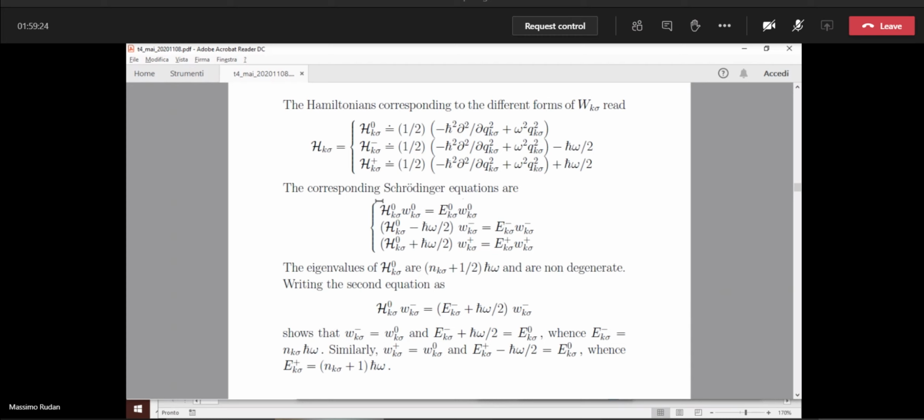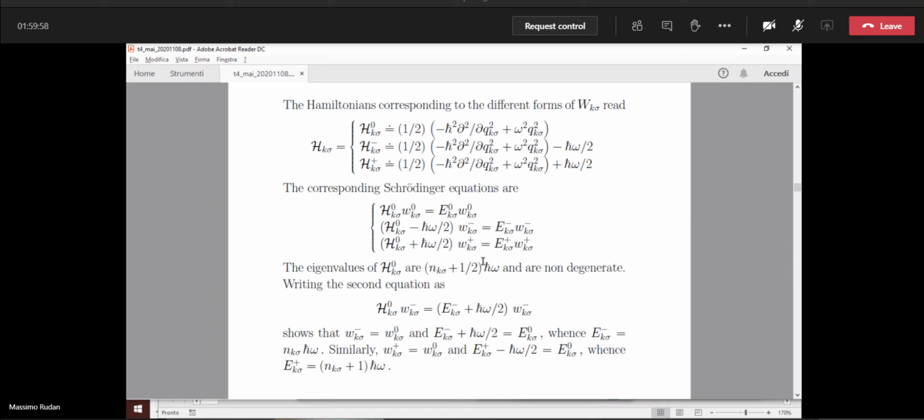But this is already known because this is exactly the Schrödinger equation for the linear harmonic oscillator that we have just solved 10 minutes ago. So we know that the eigenvalues E0 are an integer plus 1/2 times h bar omega.